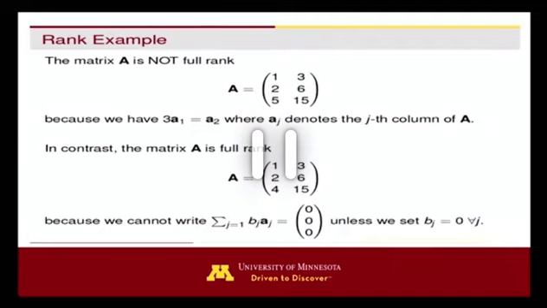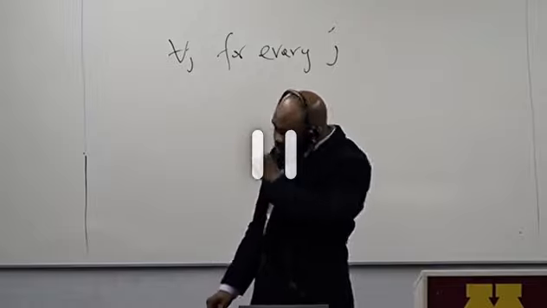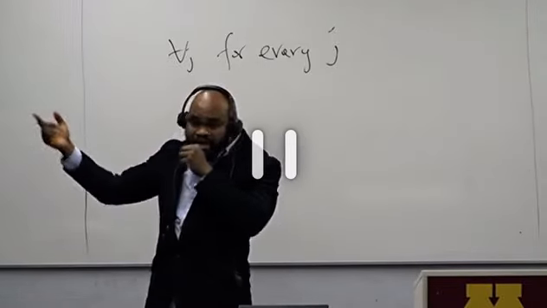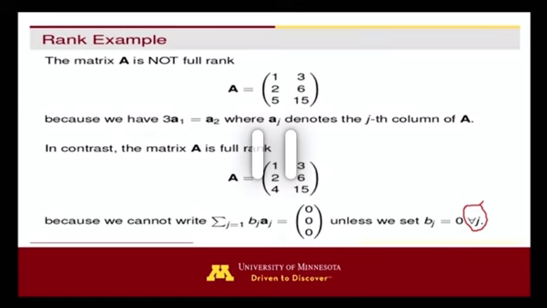For every j equal to 1, meaning if you have b1a1 plus b2a2 plus b3a3 and so on equal to 0, if you cannot write that, of course, that is that.